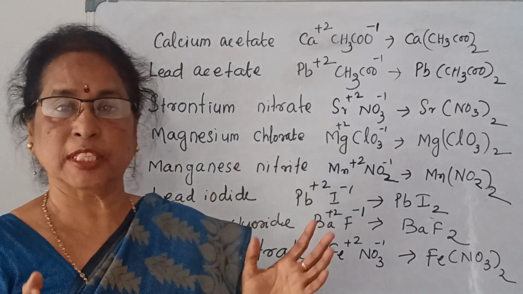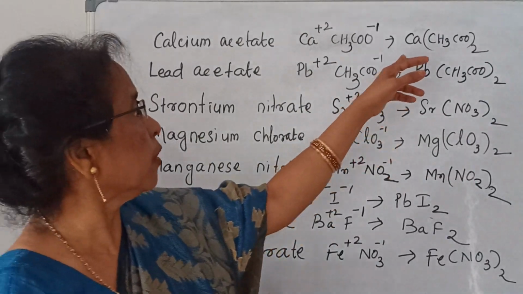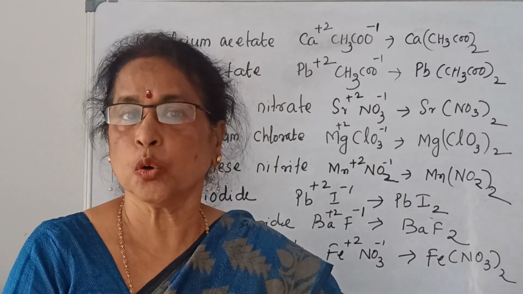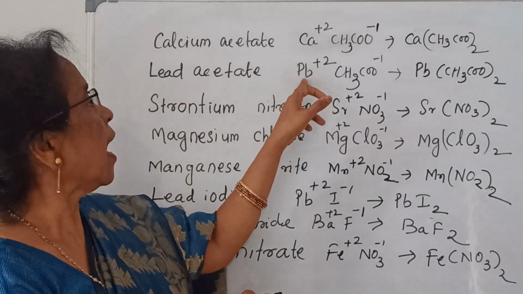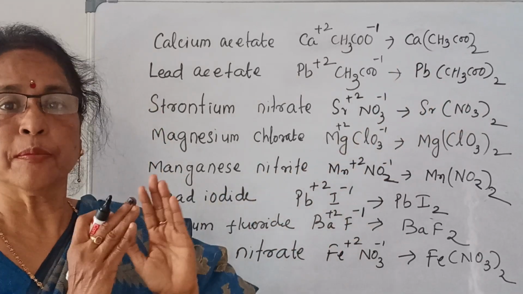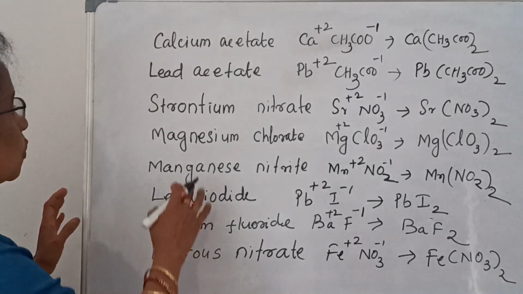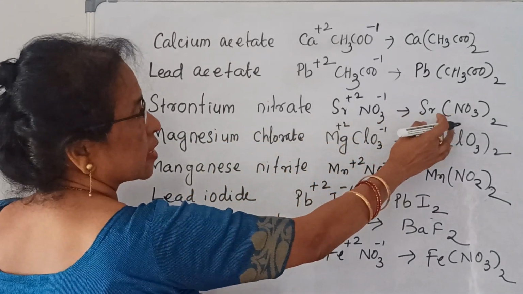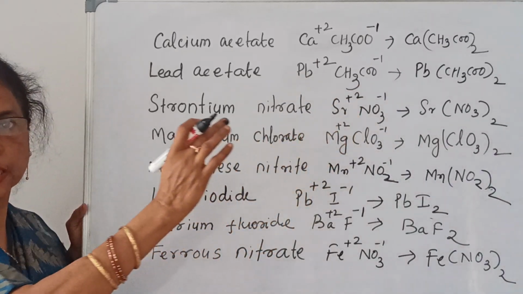Again, calcium acetate, Ca plus 2, CH3COO minus 1. So the formula is Ca(CH3COO)2. Next, lead acetate. This is very important. For Pb, the 2 comes here. So the formula is Pb(CH3COO)2. Similarly, strontium nitrate comes to Sr(NO3)2 because strontium occupies plus 2.